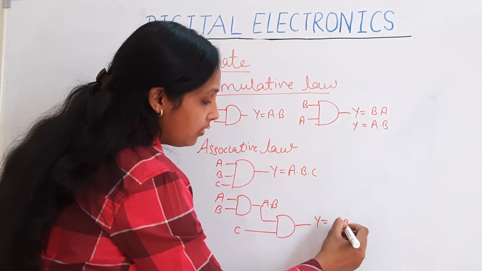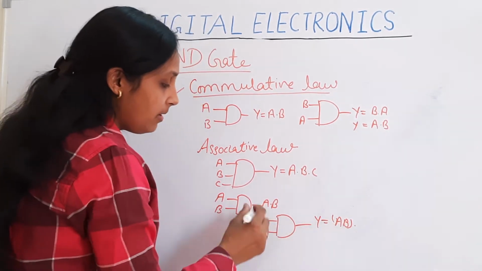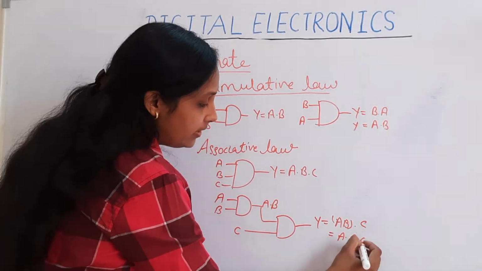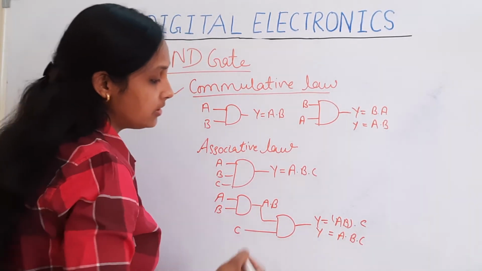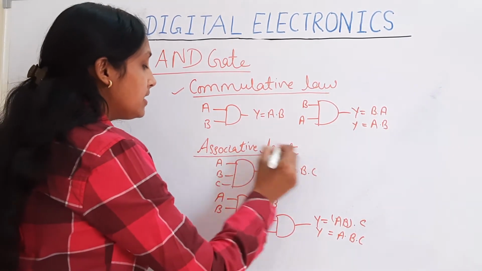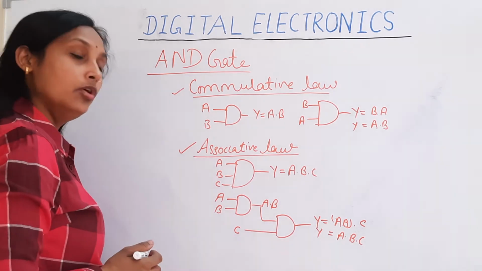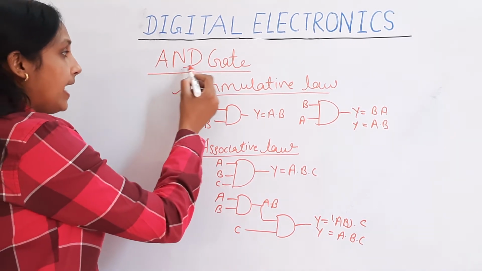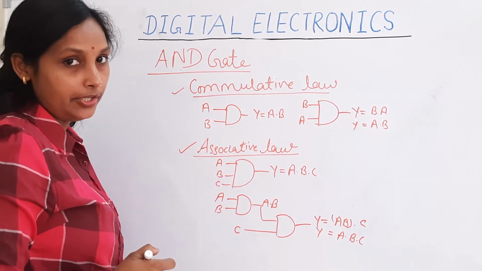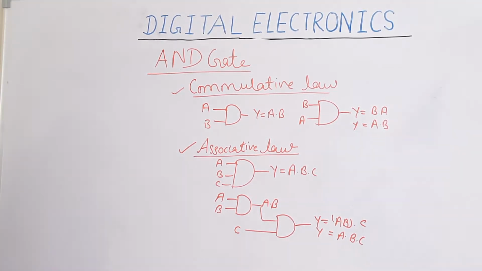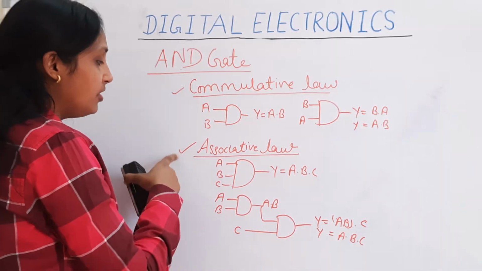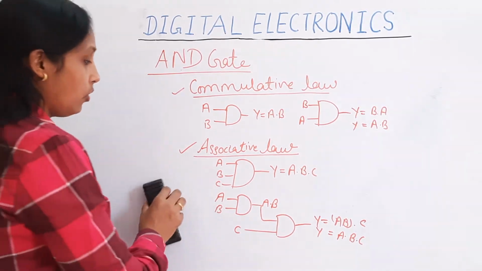No, the output will not change, because the output will be (A dot B) dot C, which is equivalent to A dot B dot C, or ABC. So the output doesn't change, meaning it follows the associative law. We can say that the AND gate follows the commutative law as well as the associative law. These are the basic properties of the AND gate.